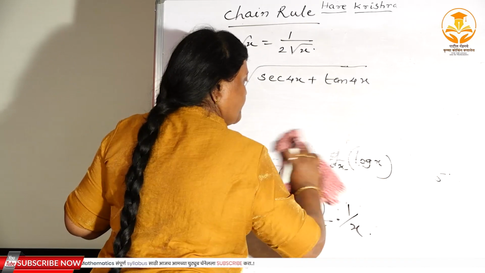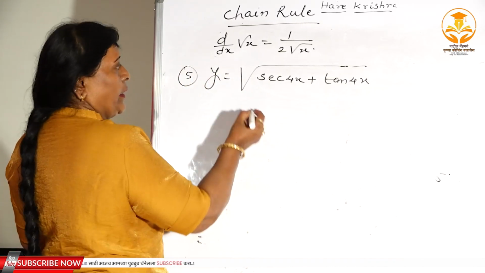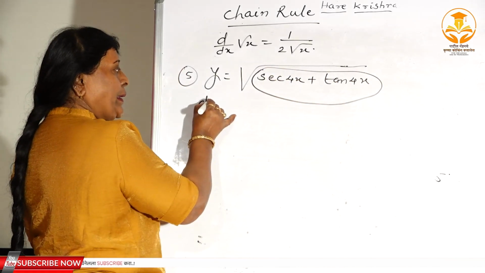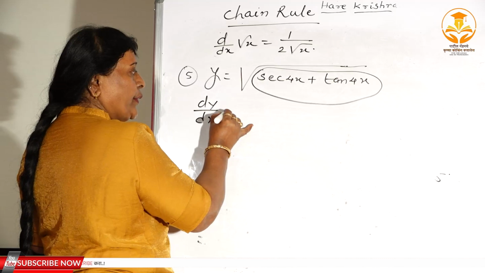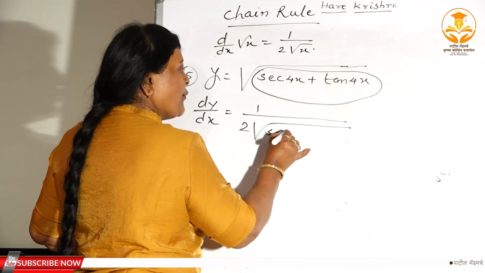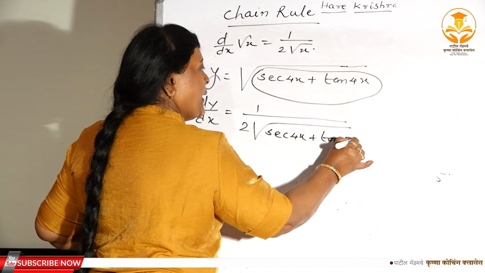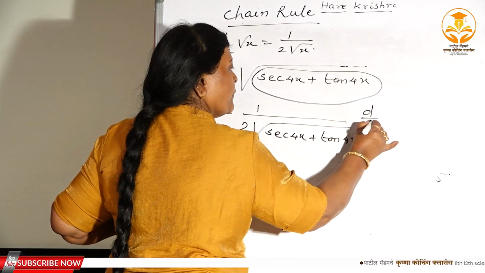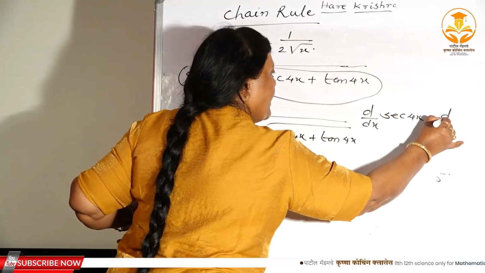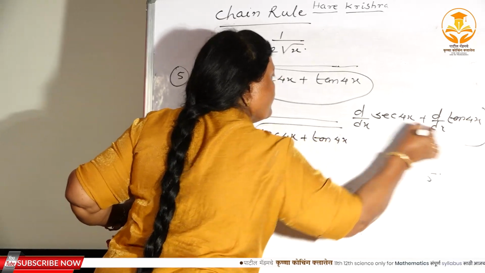Now see, here again you have to substitute this as u. dy by dx, the derivative of root u is 1 upon 2 root u, means sec 4x plus tan 4x. Again take d dx of sec 4x plus d dx of tan 4x, because this is u.